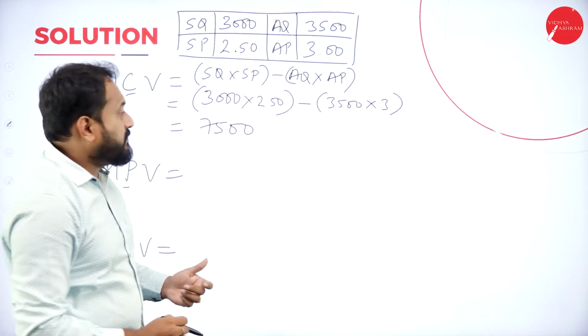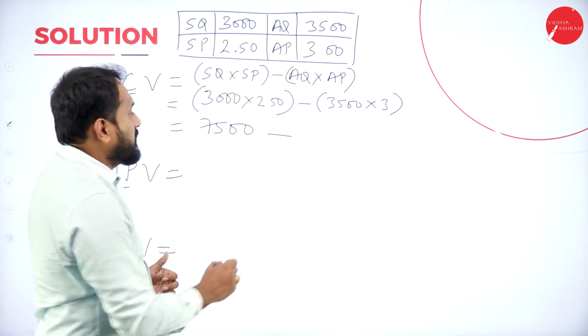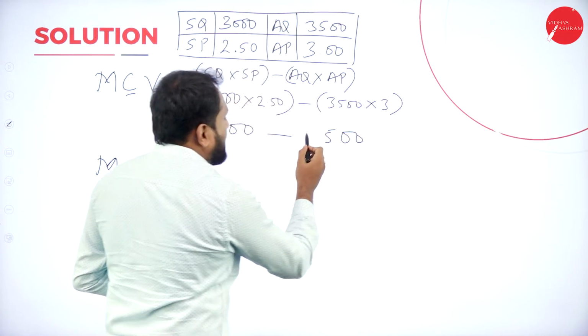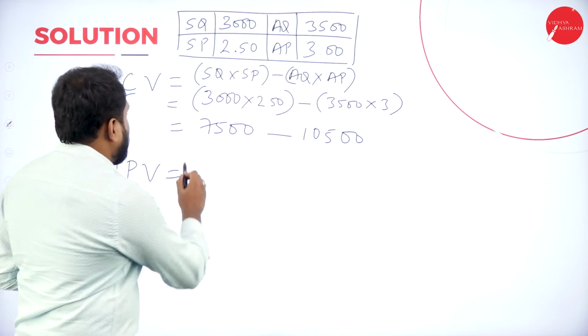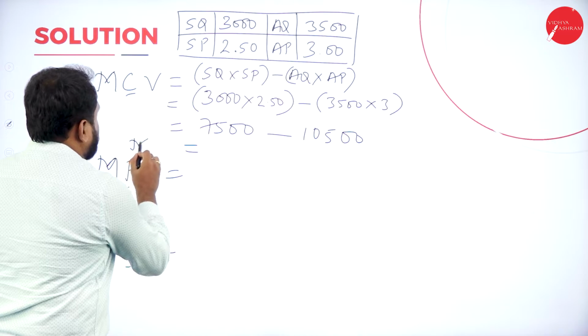So you got 7500 minus 3500 into 3. 3 5 is 15, 1 carry 3, 3 is 9, 10. So 10,500 you got it. So again is equal to, now understand, this is called your MCV.